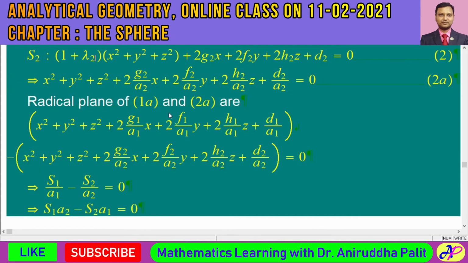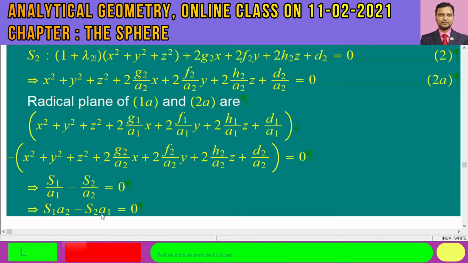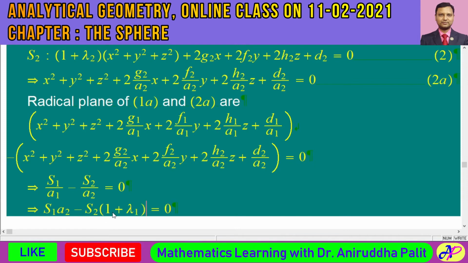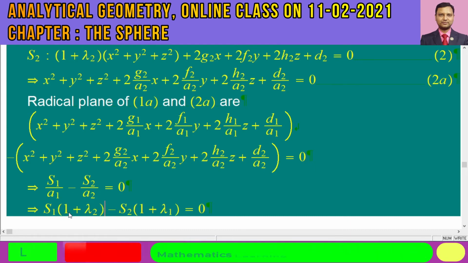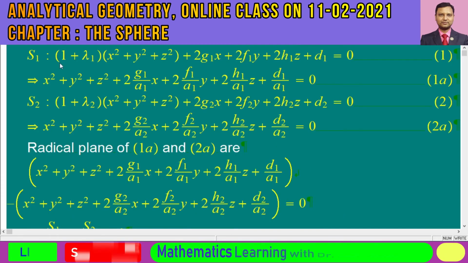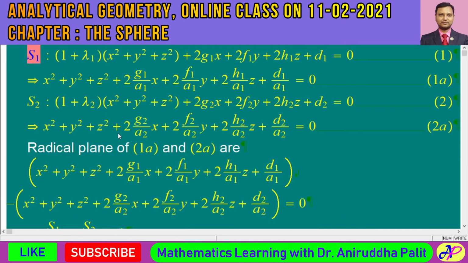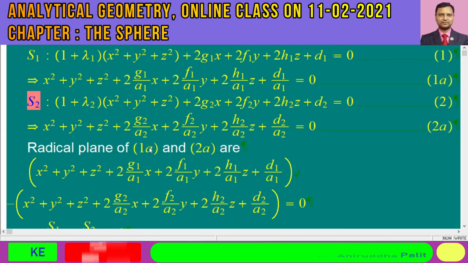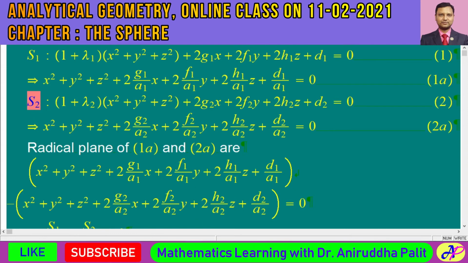Therefore in the final expression, in place of a1 we shall have 1 plus lambda 1, and in place of a2 we shall have 1 plus lambda 2. So the first relation, the first equation of the sphere, would be multiplied by 1 plus lambda 2, and the second equation would be multiplied by 1 plus lambda 1.